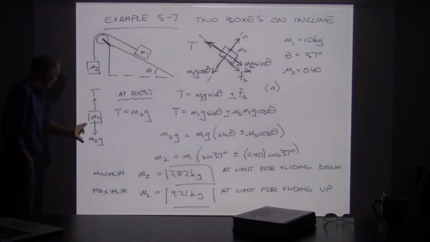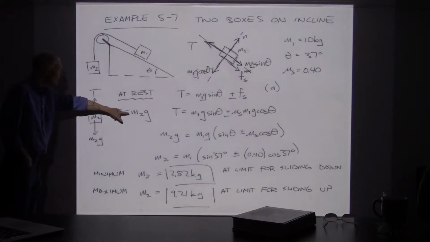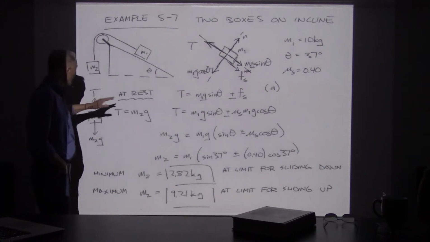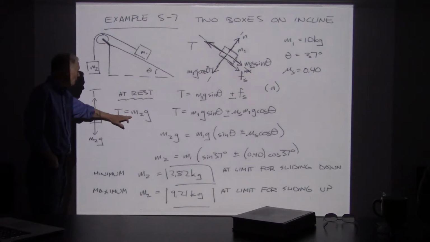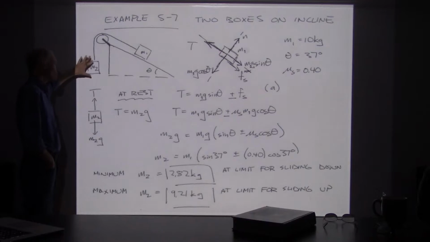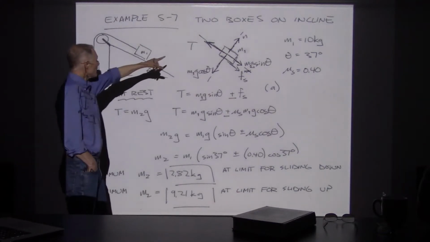And then I drew the diagram for M2. Now at rest, the tension in here will be M2g. If it were accelerating, that wouldn't be true. But because it's at rest, the acceleration is 0, and so the tension will equal M2 times g. Depending on how large M2 is, we'll have different tensions in the string.